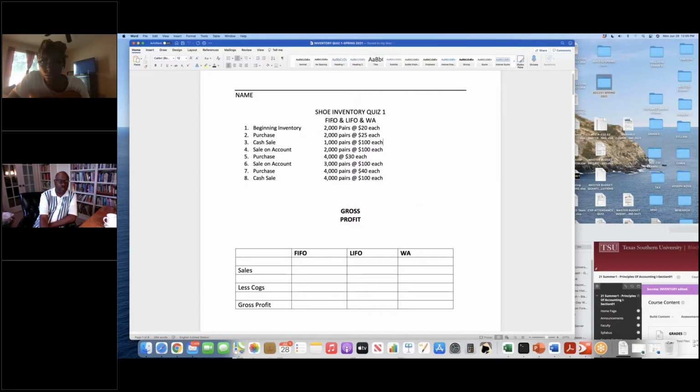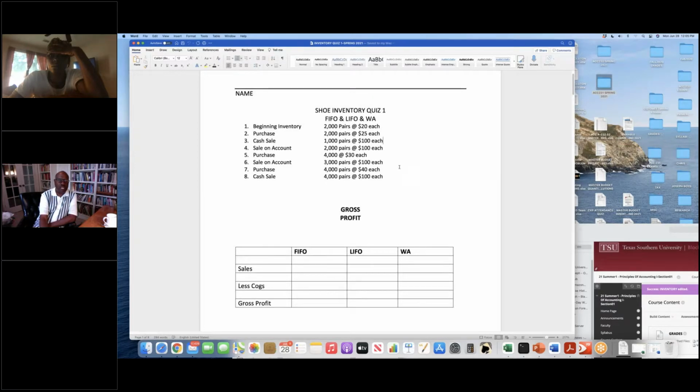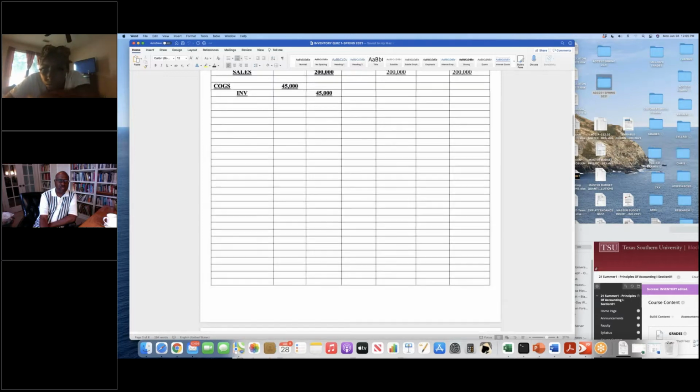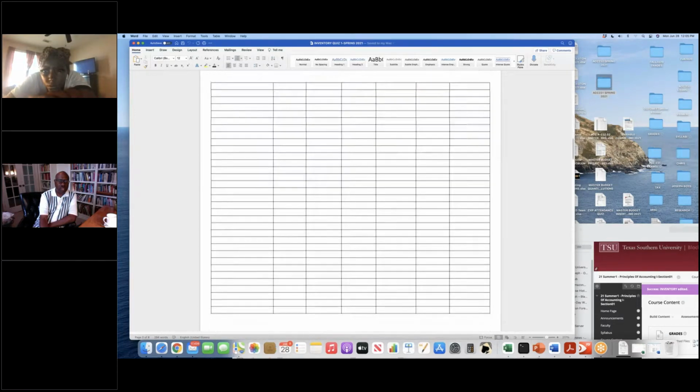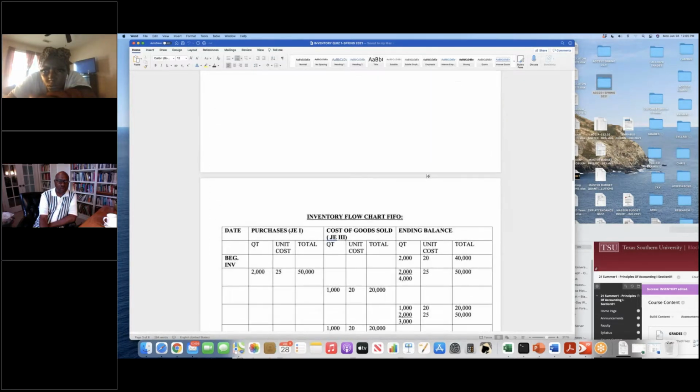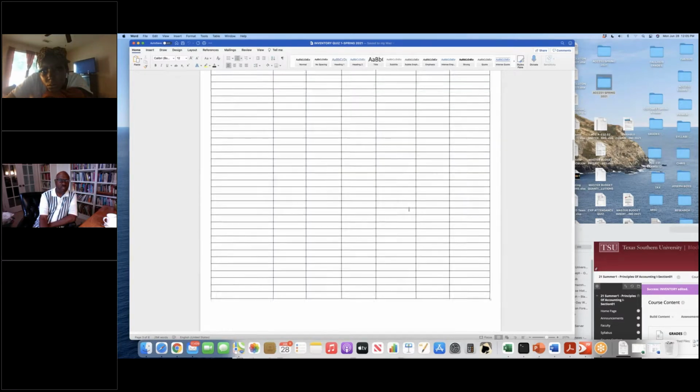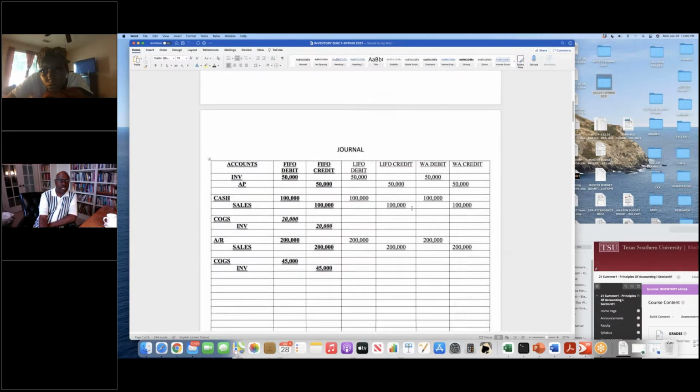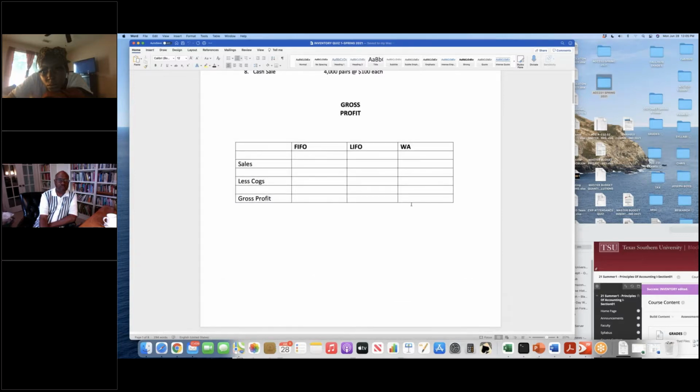Okay, our overall goal always is to be able to come up with sales less cost of goods sold for the gross profit. So in this problem, we had a beginning inventory, 2,000 pairs at 20 each. So with 2,000 pairs at 20 each, we just put that right in there. Then if we're making journal entries, what are we going to do?